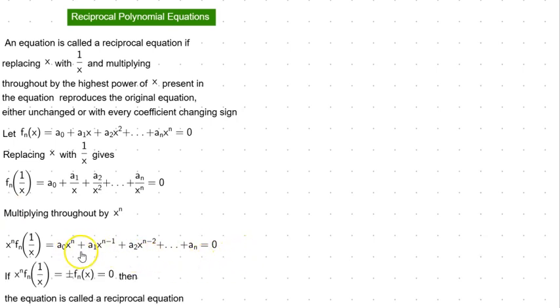Now, if the transformed equation is the same as the original except for the sign changing, then the equation is called a reciprocal equation. So given an equation, if we apply the reciprocal transformation and we get back the original equation with the signs reversed or not reversed, then it is called a reciprocal equation.